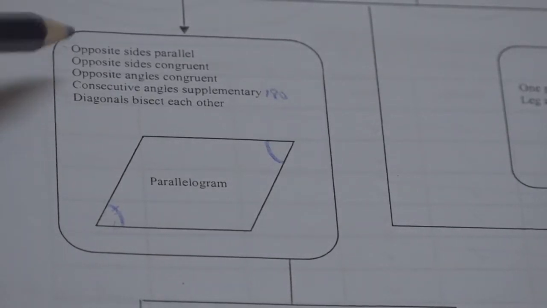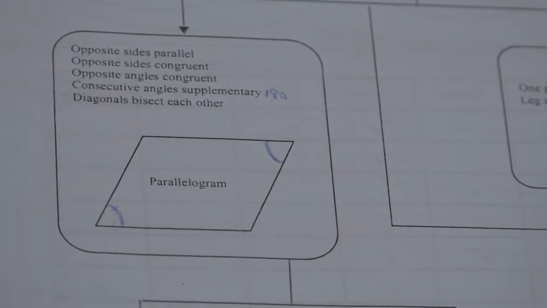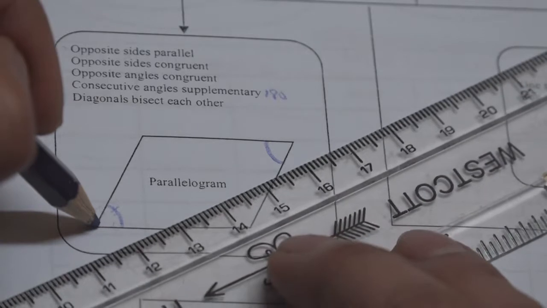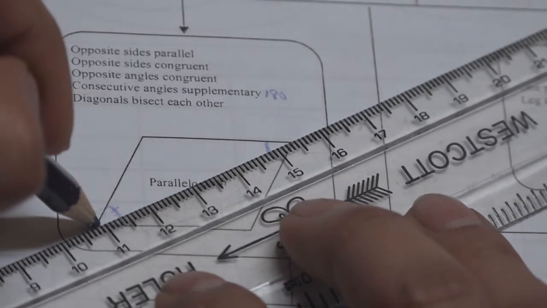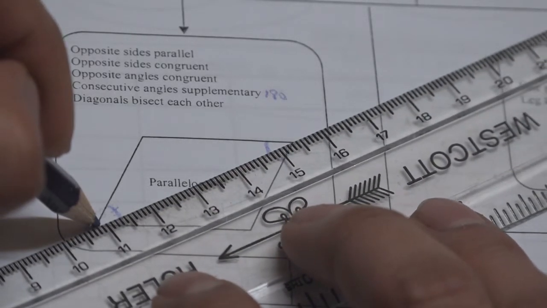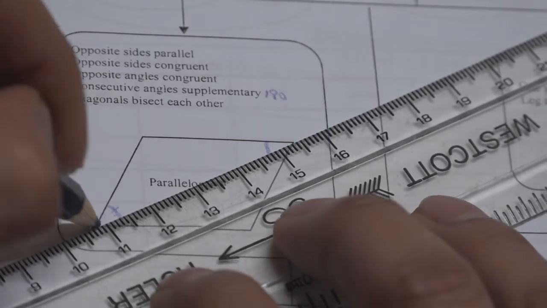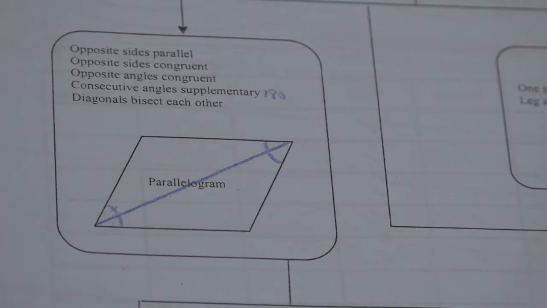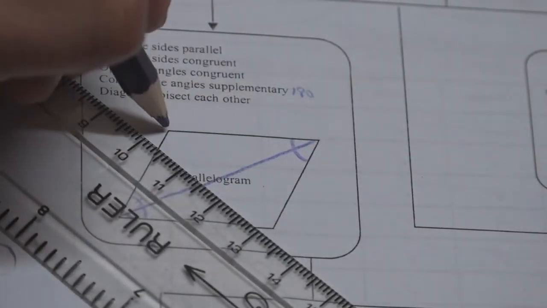One more property is that diagonals bisect each other. Diagonals, remember, go from one vertex to a non-consecutive vertex. So this is a diagonal, so please trace it. And let's trace the other diagonal.